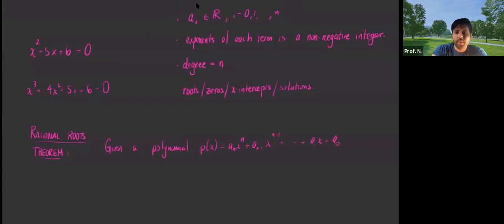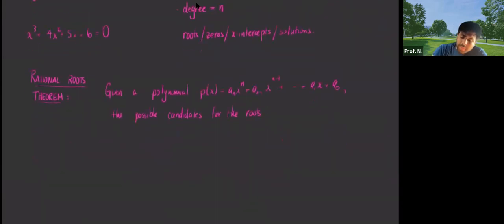So given this polynomial, the potential or the possible candidates for the roots of P of x, and that should specify what kind of roots they are going to be, rational, are what?